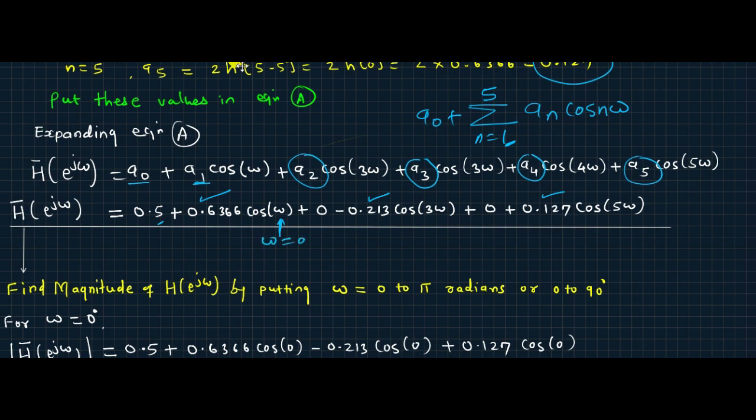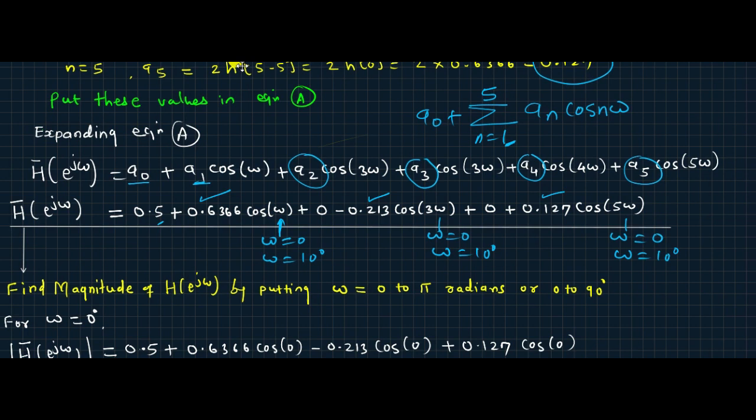In the first case, omega equal to 0, so we'll get one value. For the second case, we change omega to 10 degrees. For the third case, omega will be 20 degrees.